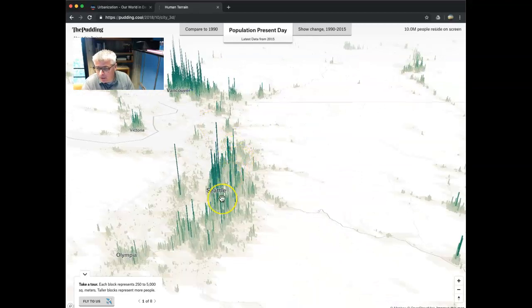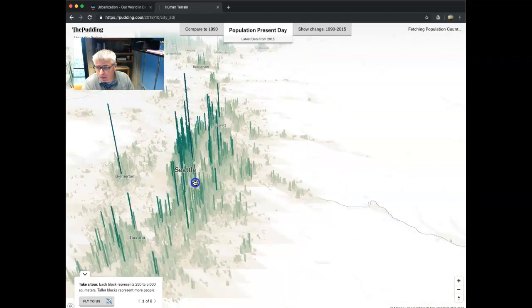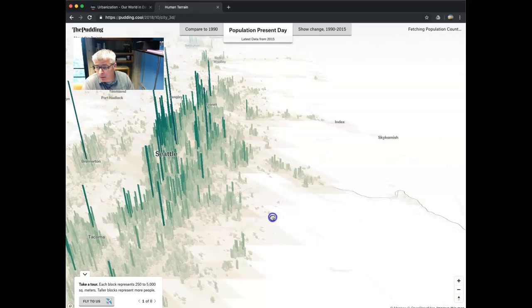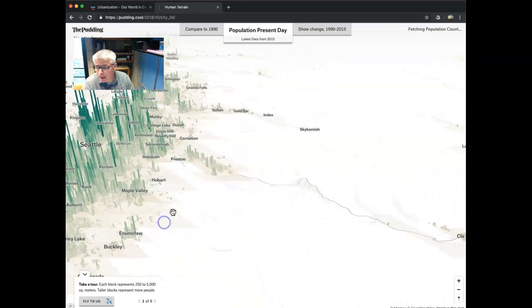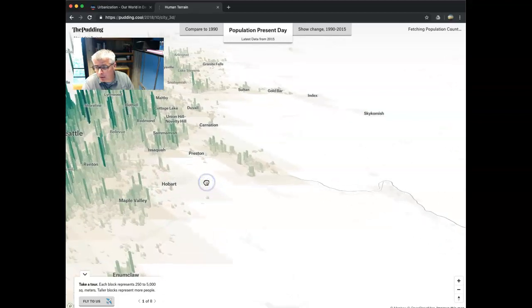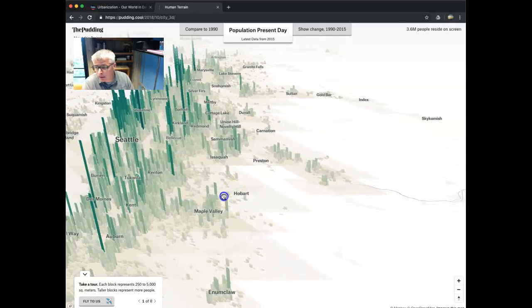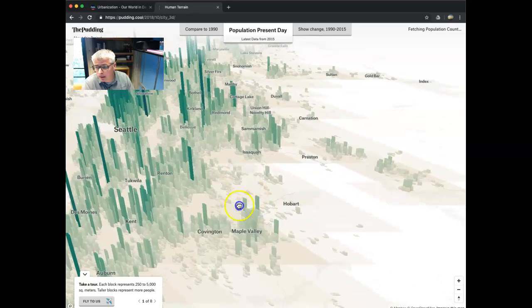Seattle's a bit different because it's so sprawled out. I'd like to change the perspective on this, but let's see what we can do here. So we still got Bremerton. If we get Seattle, that's showing 7 million people. That's still more than we want. It's got Kingston in here, Federal Way, Kent.